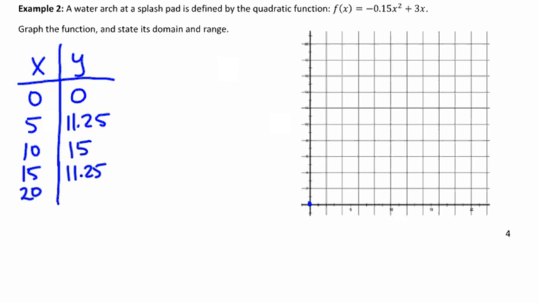And 20 squared times negative 0.15 plus 3 times 20 is 60, which will give us 0 altogether.